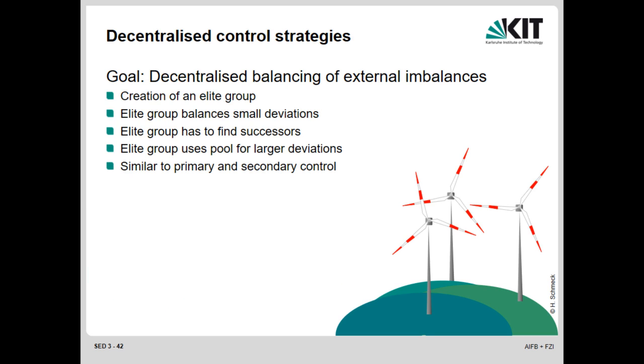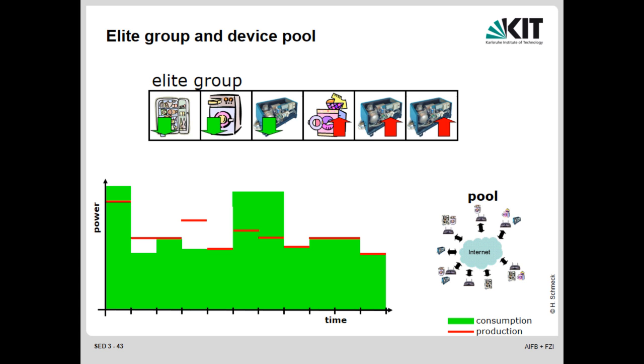This idea has to do with using something which is called an elite group. I will show you what that is about. It will allow to balance small deviations immediately. It can find successors. It can be updated very easily. And it uses the pool for larger deviations. It has similar properties as primary and secondary control. You will see that on this slide.